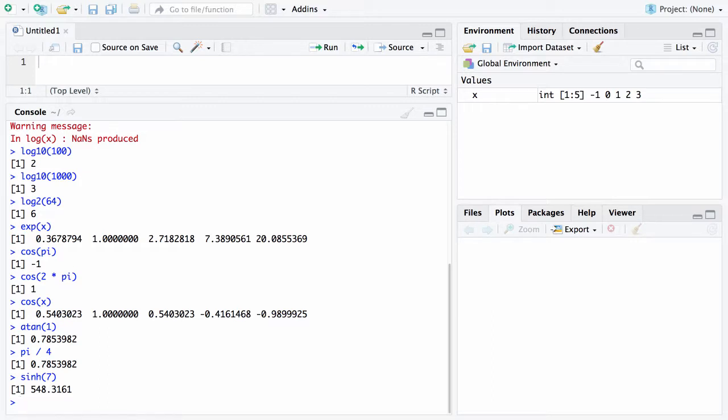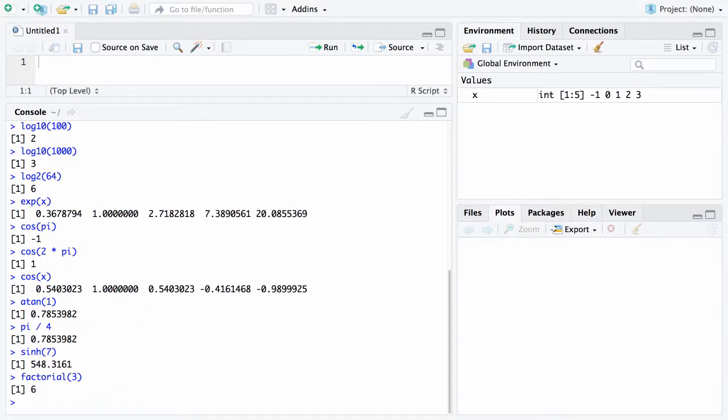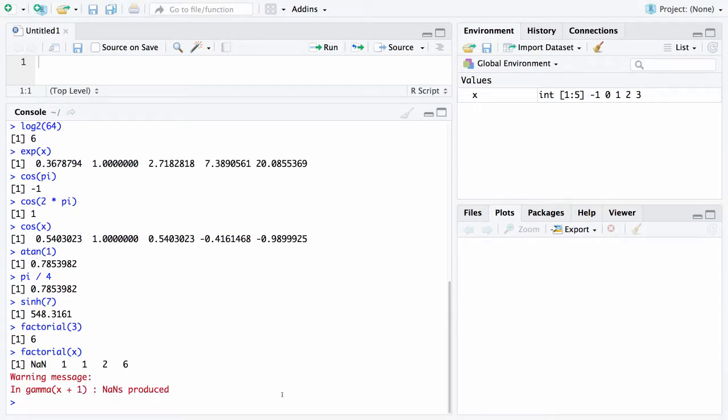There is also a factorial function. So if I say factorial of 3, we'll come back with 3 times 2 times 1, which is 6. In addition, if you say factorial of x, it will once again complain that you cannot take the factorial of -1.